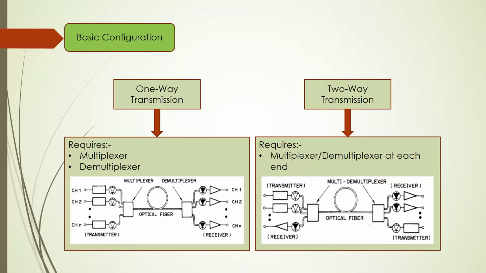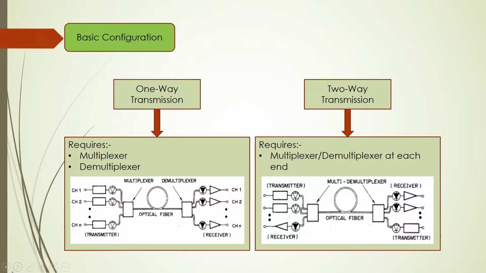And then the basic configuration of the wavelength division multiplexing can be categorized into two types. One is one-way transmission, which requires a multiplexer and demultiplexer, where the figure shows the multiplexer and the demultiplexer, and between them there is optical fiber.